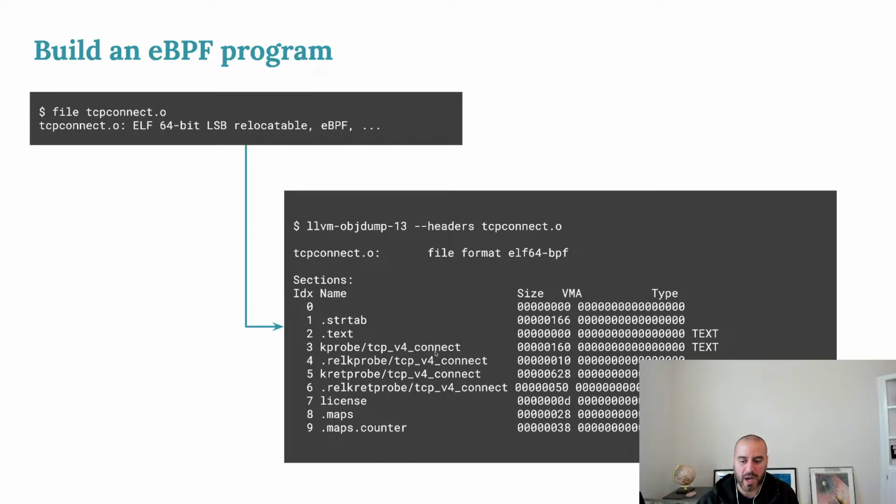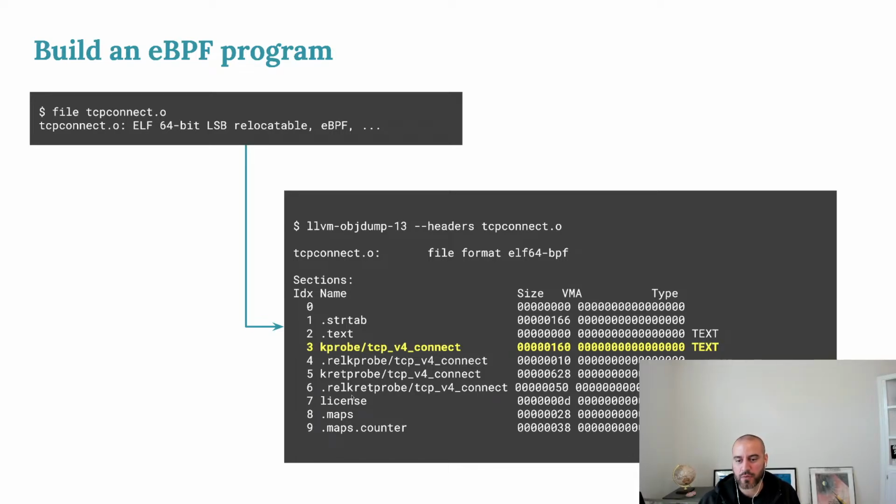And so when we compiled that program, we got an ELF file that has assembly more or less for each one of these programs. Then we will take that and load that program into the kernel. That's how we get our eBPF program, and more specifically the actual type of program, into the kernel.